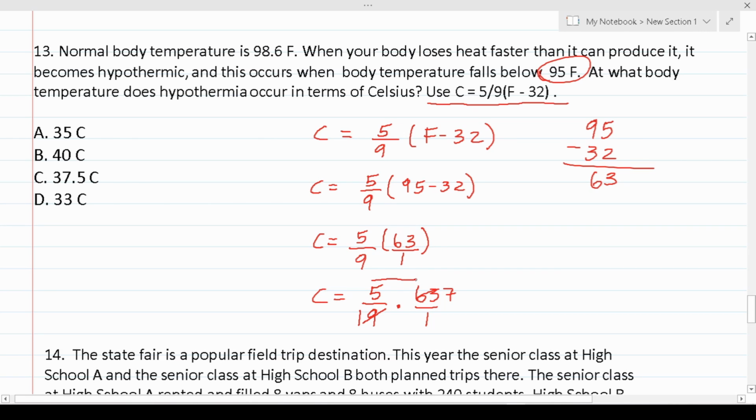Now we can multiply straight across. This becomes 5 times 7, which is 35. 1 times 1, which is 1. 35 over 1 is 35. So we can see the body temperature at which you become hypothermic is 35 degrees centigrade. And so that was that one. Pretty straightforward, just a test of your ability to do subtraction and some multiplication involving fractions.